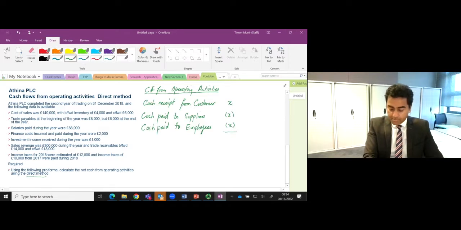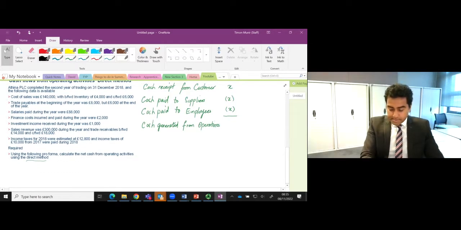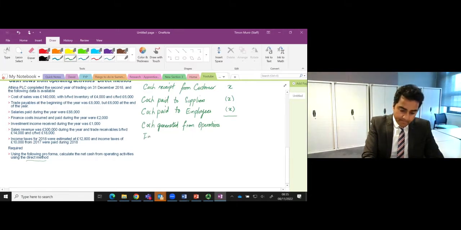Cash generated from operations. Next is interest paid, which will be a negative figure.